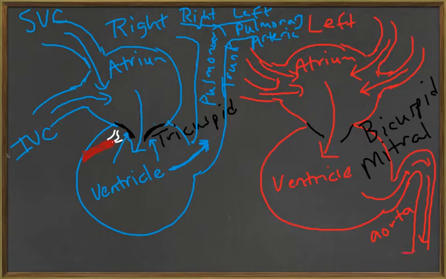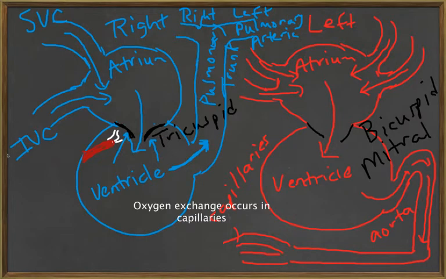The aorta will branch repeatedly to become small blood vessels called capillaries, and it's in these capillaries where the exchange of gases occurs. And so oxygen will be deposited into the tissues and will leave the blood. This is going to occur at any active tissues in the body. Once oxygen has diffused out of the blood and into the tissue, the blood now appears more blue in color and is deoxygenated.